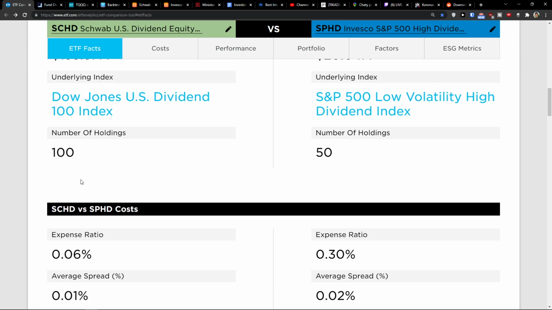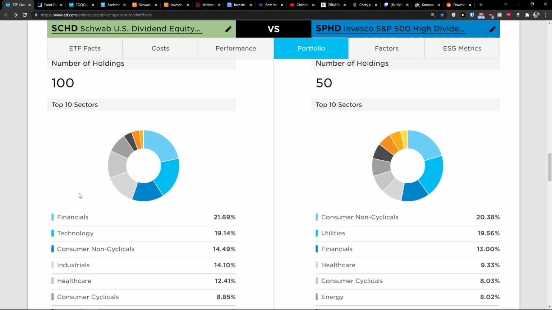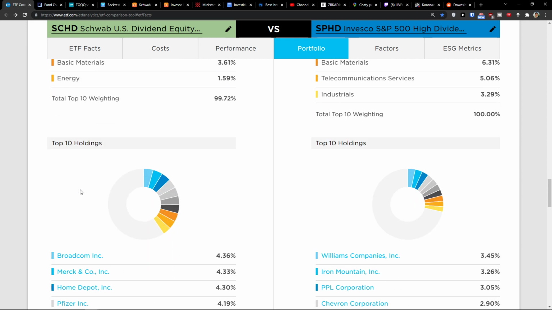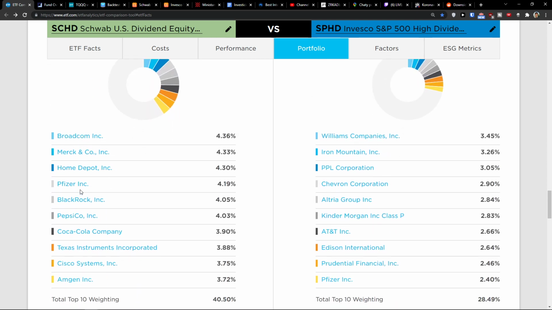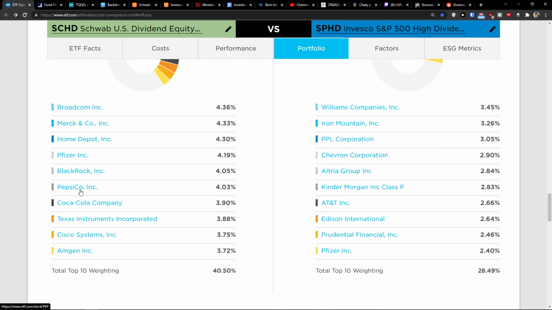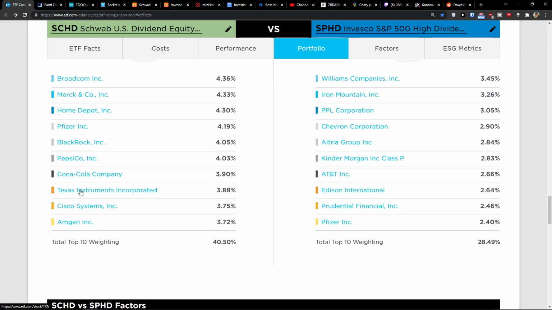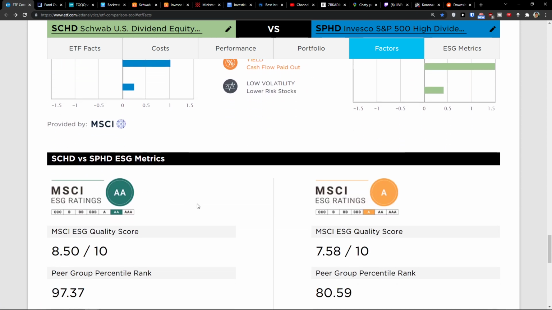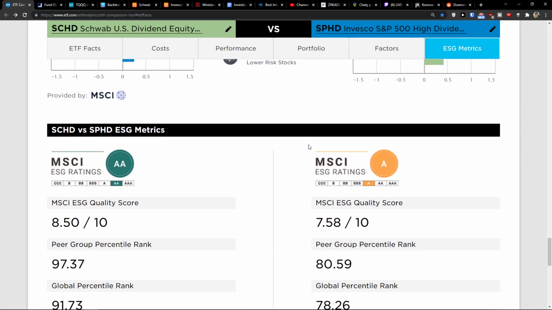Then on sectors, financials, technology, consumer non-cyclicals, utilities, and the holdings, Williams, Iron Mountain, Broadcom, Home Depot, PPL Corporation, Chevron Corporation. And the rating quality score is better with SCHD.